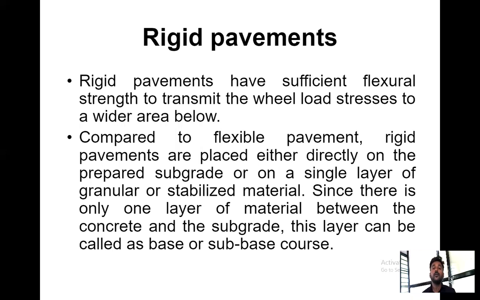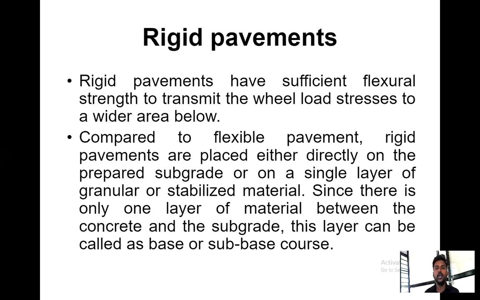See here, in the rigid pavement, we can directly transfer the load from the surface course to the subgrade soil. Whatever layers are there in between, we can remove directly in the rigid pavement. And also we can provide only one layer between the surface layer and the subgrade soil. We will provide at least one layer.